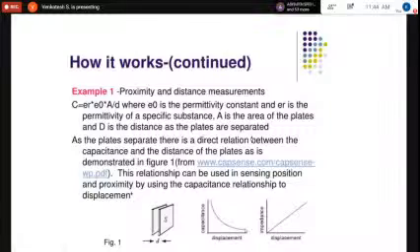Now the impedance increases linearly with displacement, whereas the capacitance decreases non-linearly. That is one factor that you must bear in mind. Please read the sentences above. Proximity and distance measurements: C is equal to epsilon r epsilon naught A by D. As the plates separate, there is a direct relation between the capacitance and distance of the plates, as is demonstrated in figure 1. This relationship can be used in sensing position and proximity by using the capacitance relationship of displacement.